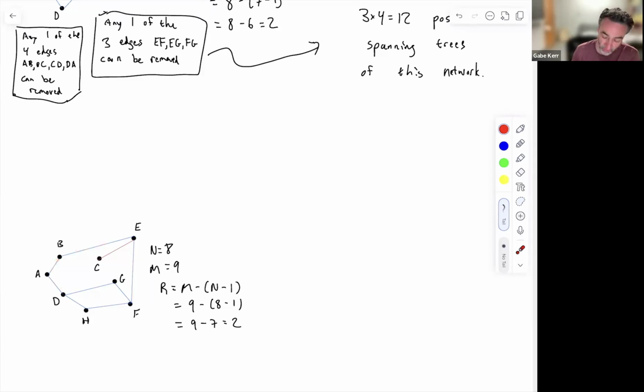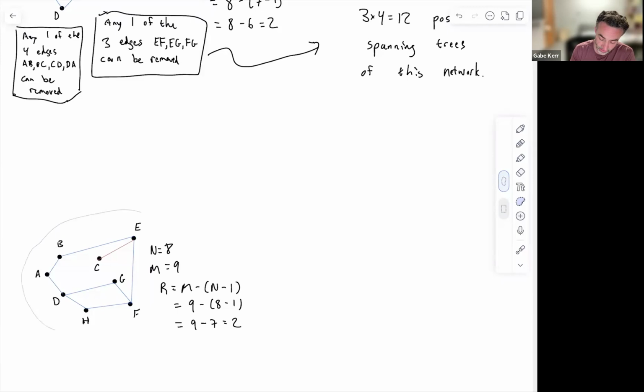Okay, so what am I saying here? So what one can do then, when they see that they have these two different circuits, is you have to make a choice of the different possibilities here.